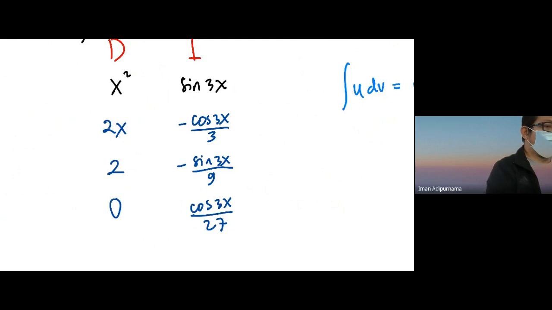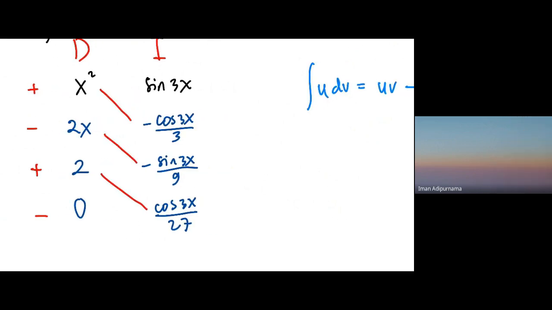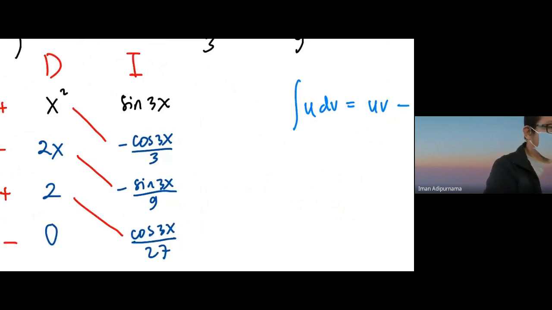Now the signs will become like this. This is a good way to simplify the method. So this is the one that you differentiate, and the one that you integrate, which is our u and dv here. In some universities, this is called the DI method.